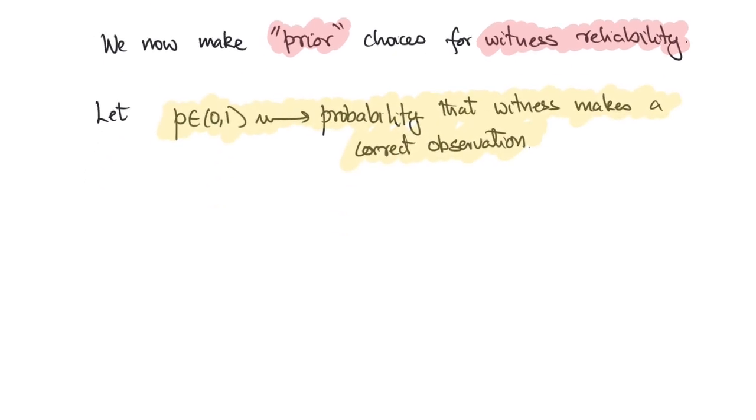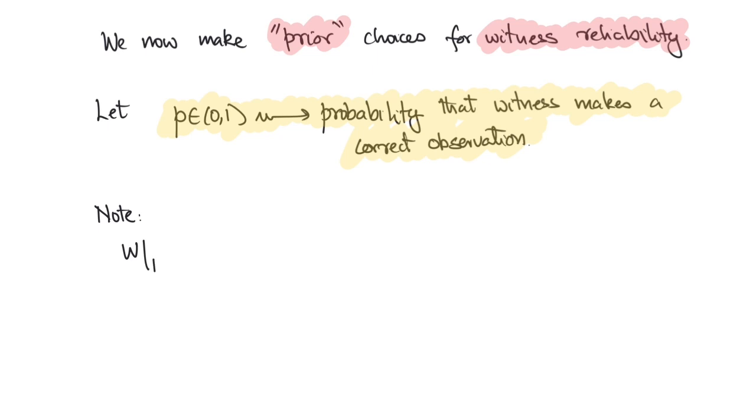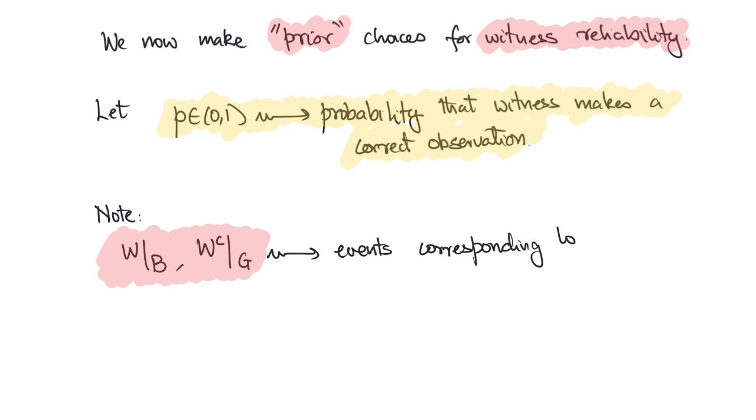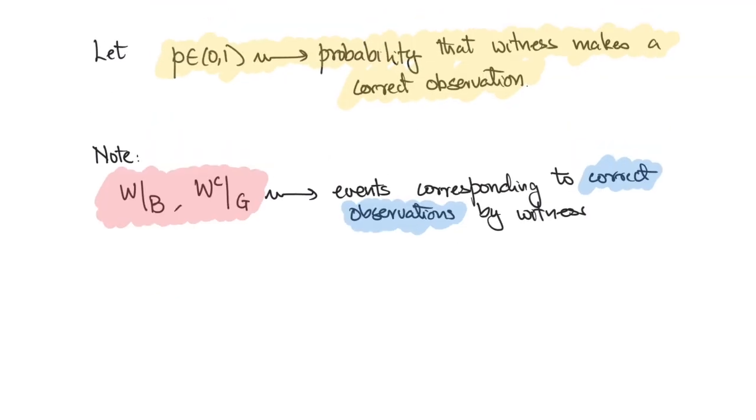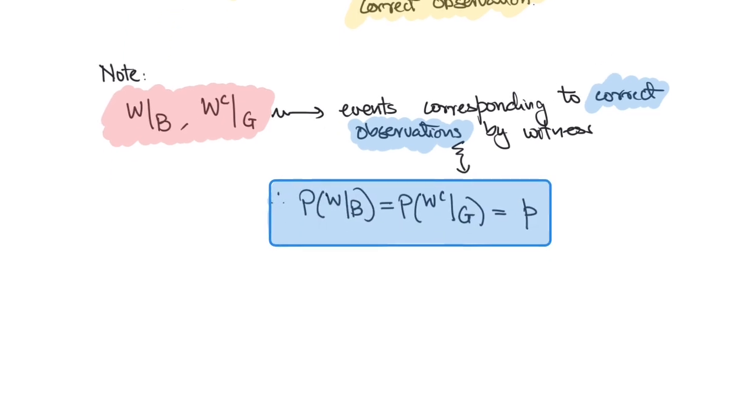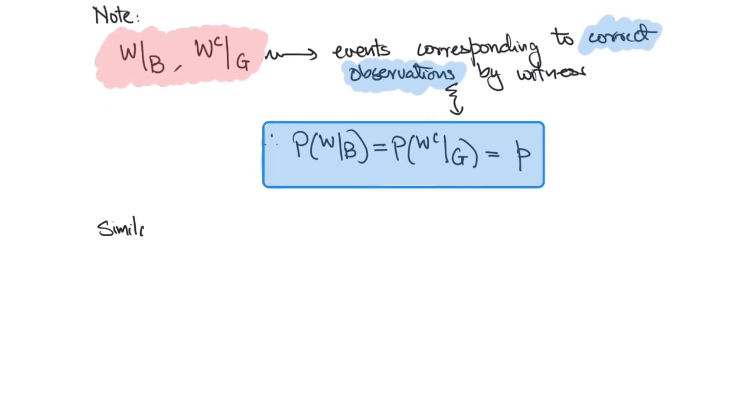Notice that the events W given B and W complement given G correspond to situations where the witness has made correct observations, right? And as a result, the probability of W given B and the probability of W complement given G will both equal P.